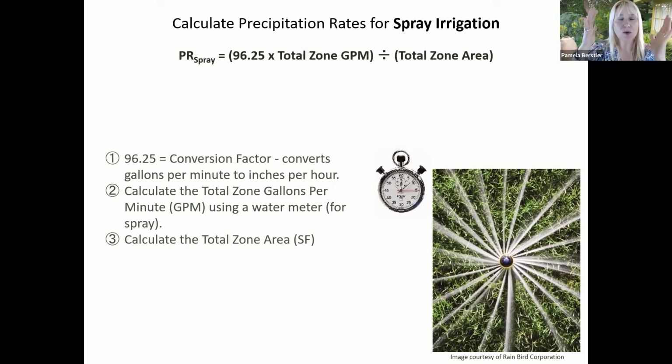So you would calculate each tree's drip line area, and that sum would be your total zone area for the purposes of your calculation. Yeah, it gets complicated with spray, but it's only complicated in the data gathering part. The calculation part is not, because you're just plugging these numbers into this formula to get it.